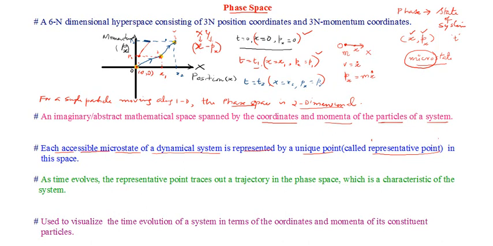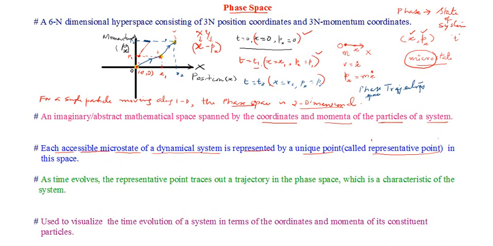Okay, so this curve is what is known as the phase space trajectory. I should mention clearly, phase space trajectory. So what is my phase space trajectory?